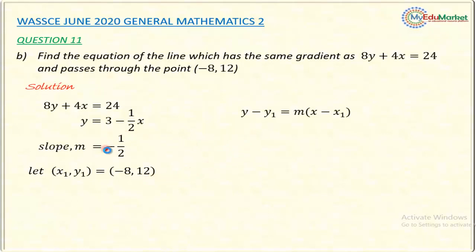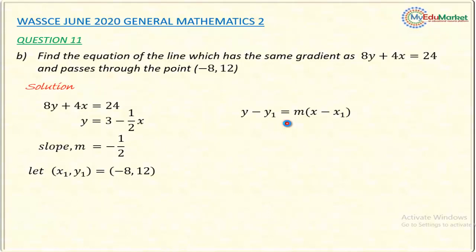If the slope is known and one point on the line is also known, I have one point on the line, I have its slope. So this is the formula: y minus y1 equals m into x minus x1. This is the formula we use to find the equation of a straight line if the slope is given and a point on the line is also given.